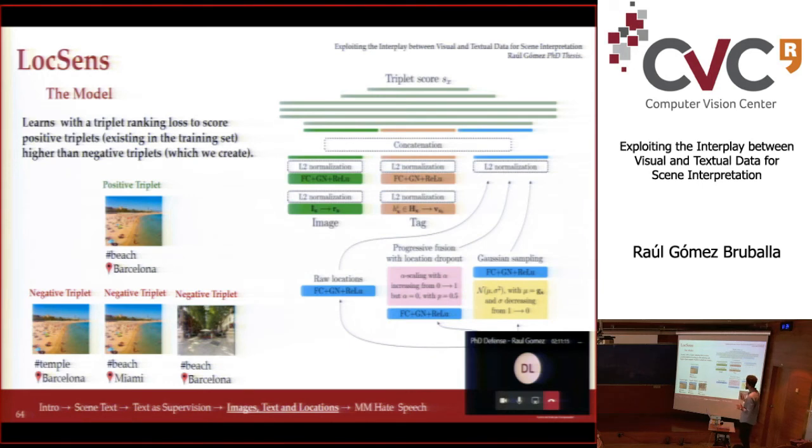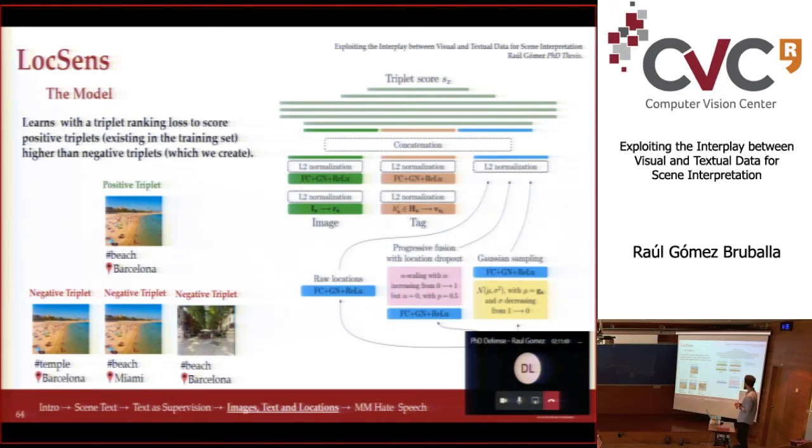So this model is going to map the three modalities to the same dimensionality. It's going to normalize them, concatenate them, and then we add a set of fully connected layers until we predict a triplet score. And we are going to train the model to score positive triplets, which exist in the dataset, higher than negative triplets, which we create. And we are going to train it with a ranking loss.